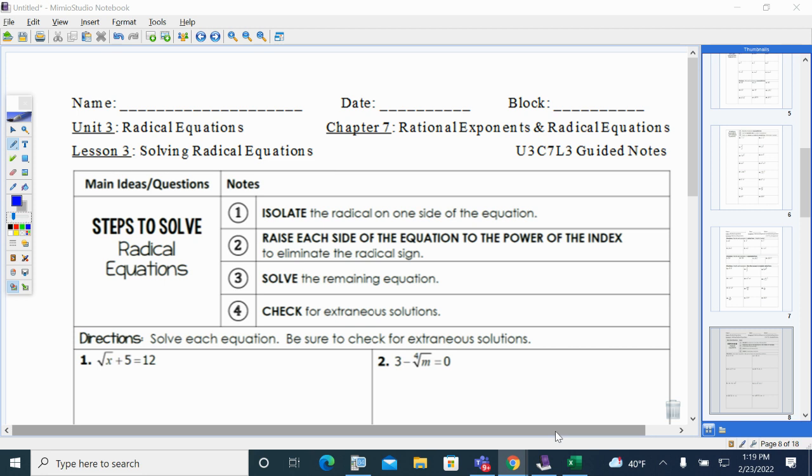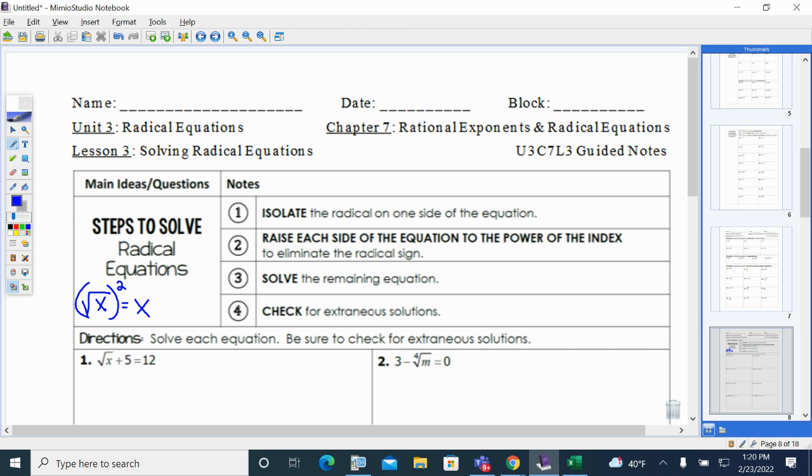So in step number 2, it says to raise each side of the equation to the power of the index. And the reason why we want to do that is because of opposite operations. So if I've got a square root of x, to undo the square root, we square it, and the square root and the square cancel each other out, and we're left with just x.